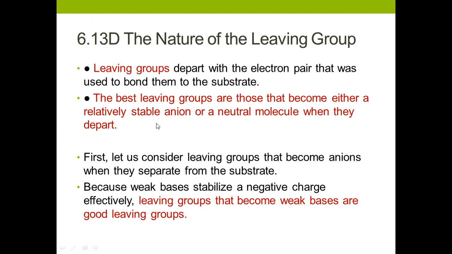So again, how can the anion be stabilized? Anions from the leaving groups can be stabilized by, of course, the solvent, but another one by the nature of the anion itself that's being formed. There are anions that are more stable than the other.